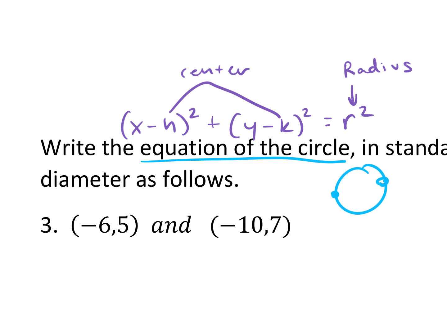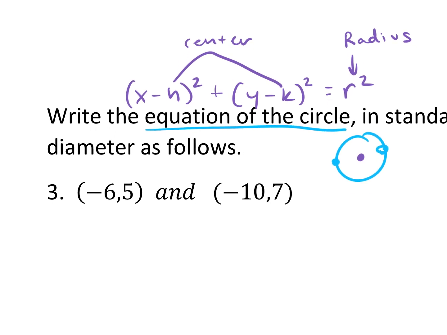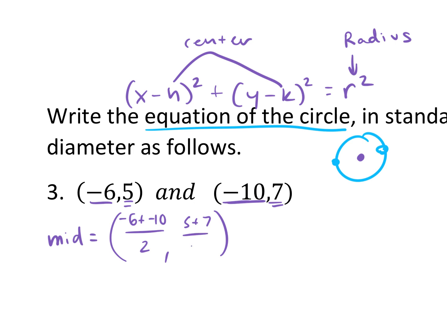So if I'm given the two endpoints, how do I find the center? The midpoint formula. So our midpoint formula is x1 plus x2, so negative 6 plus negative 10 over 2, and then y1 plus y2 over 2, 5 plus 7 over 2.